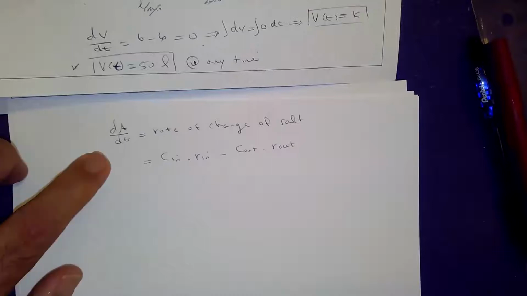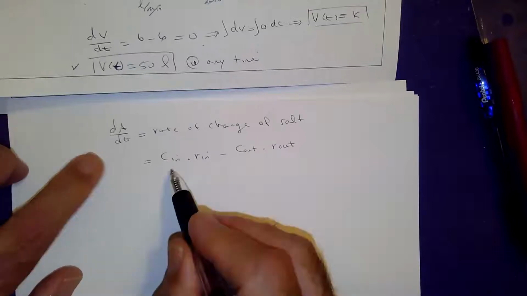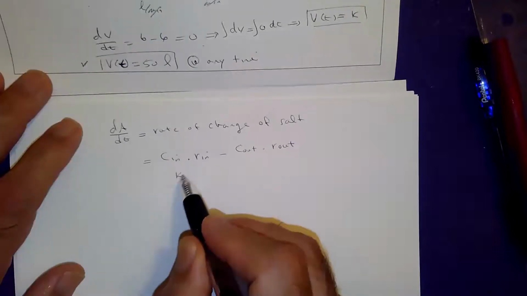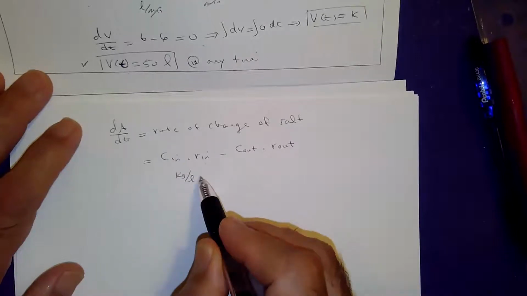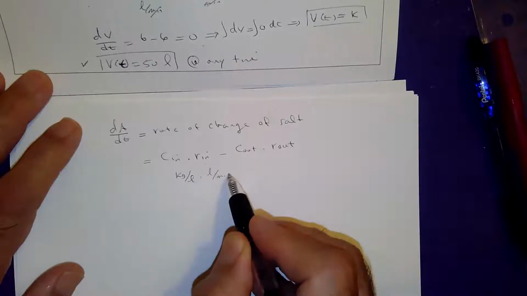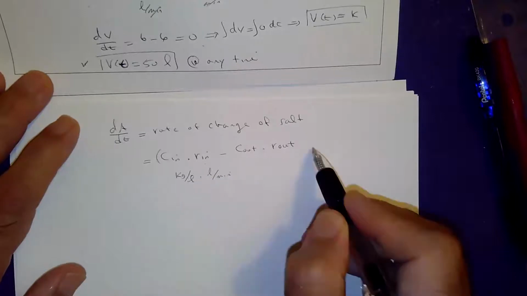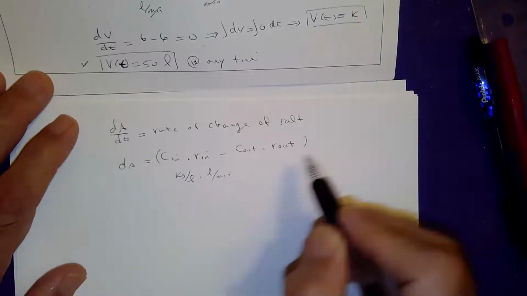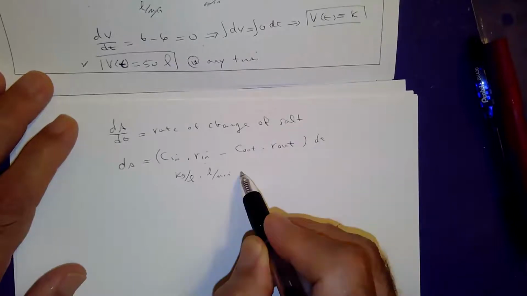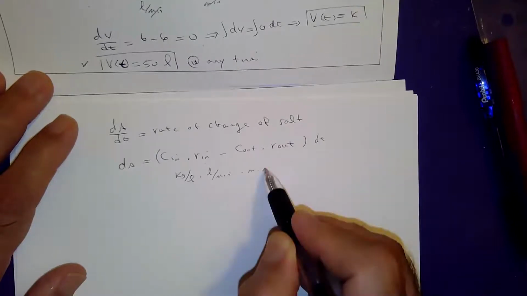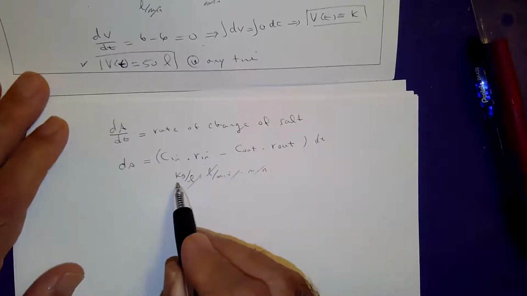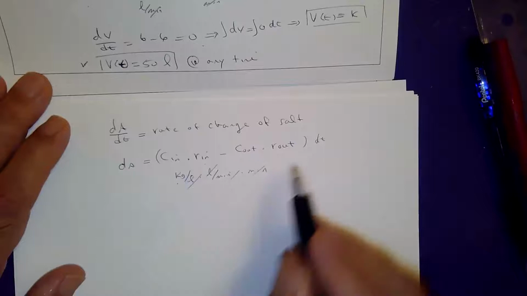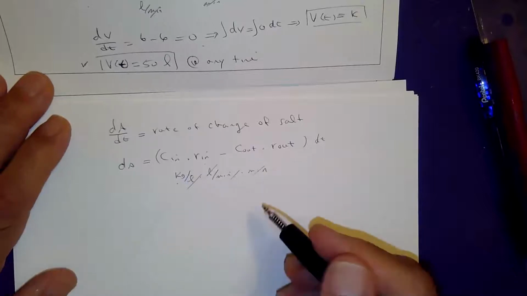And as far as the unit, it makes sense because C is kilogram per liter. R is liter per minute. If you multiply both sides by dt, which is also minutes, the minutes cancel, the liters cancel, you get kilograms. So unit-wise makes perfect sense.